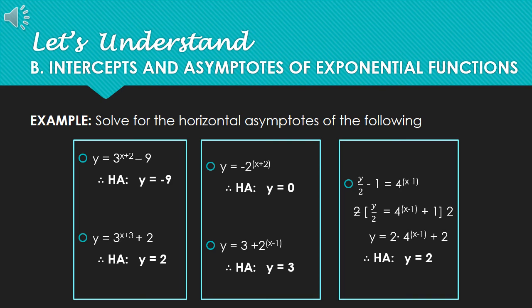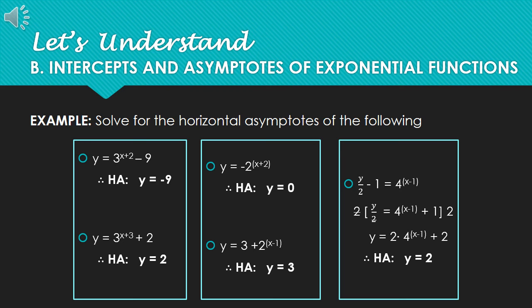So, for y equals negative 2 raised to x plus 2, since it is not in the form of a b raised to x plus c, it has no value of c, then we say that the horizontal asymptote for this function is 0.